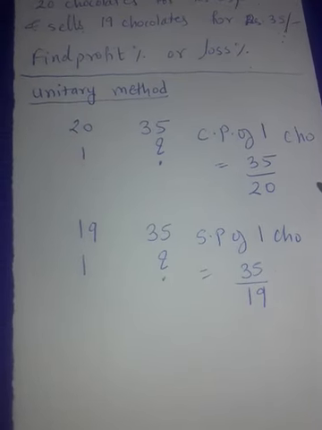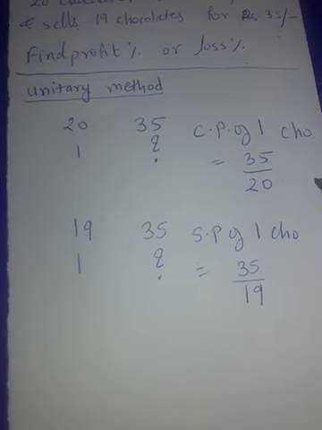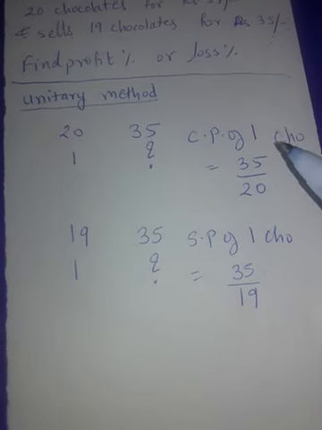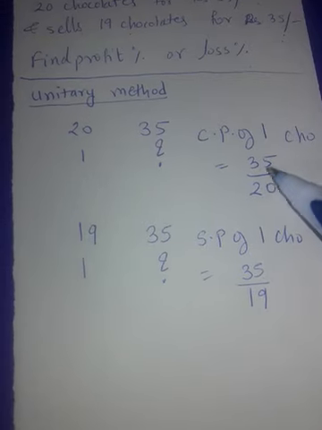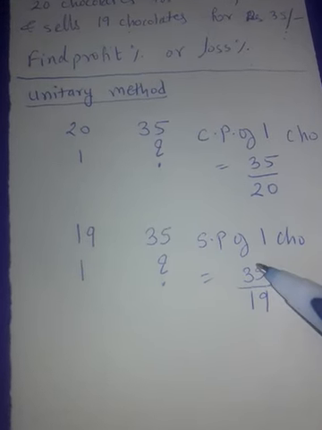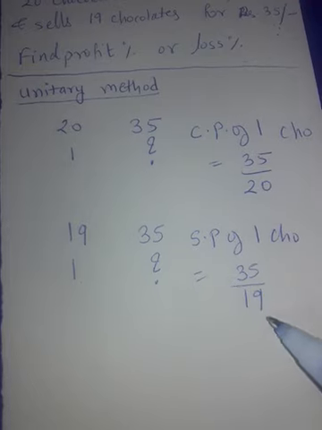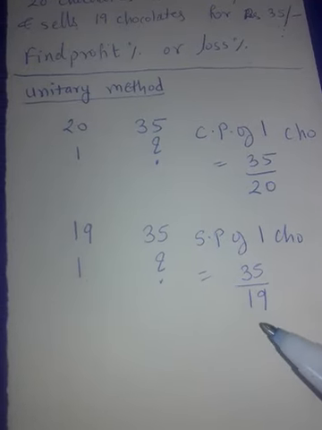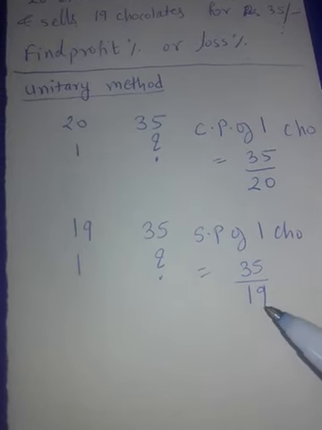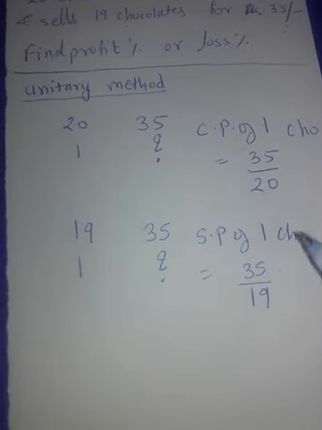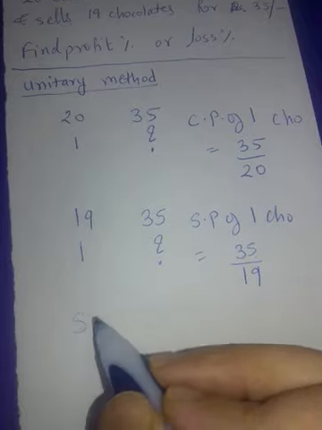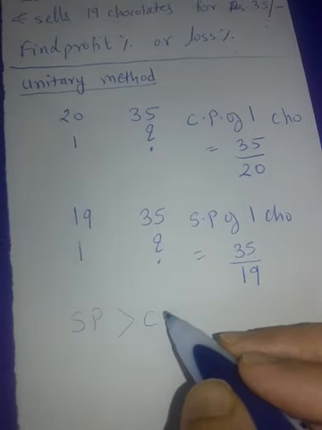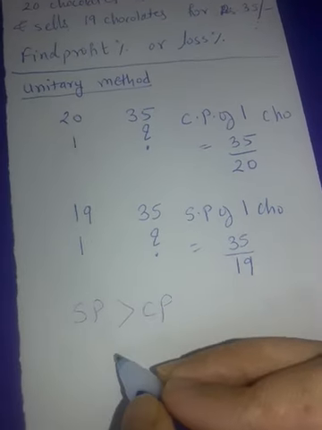I have covered 8 types there. Here 35 by 20 and 35 by 19 have the same numerators. When numerators are the same, the fraction with the lower denominator has the higher value. So 35 by 19 is more than 35 by 20. That means SP is more than CP, so it is going to be a profit.